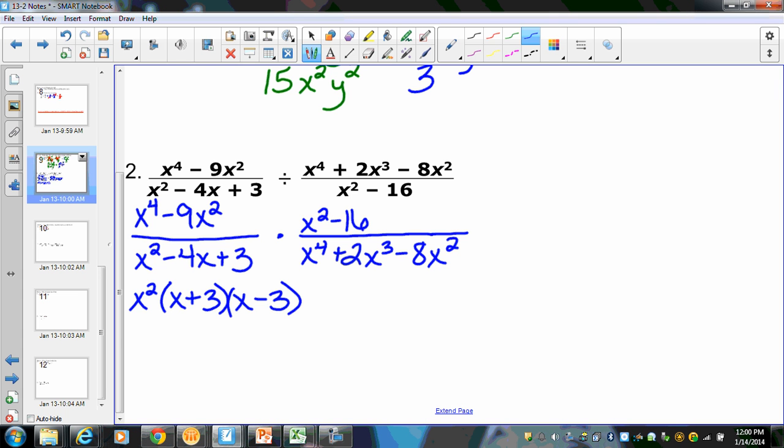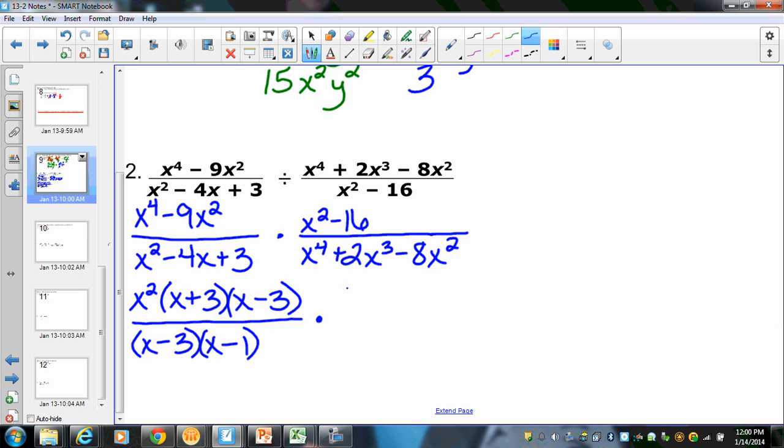And at this point, I'm not going through all the steps of how to factor these. You guys should know how to factor these at this point. So I'm going to cut to the chase pretty quickly here. X squared minus 4x plus 3 factors to x minus 3 times x minus 1. So if you're still confused as to how some of these factor, that means you need to come in for extra help and see your teacher and ask some questions.